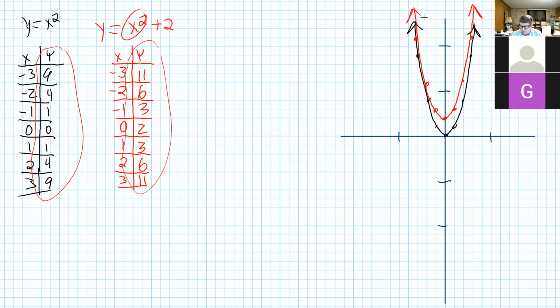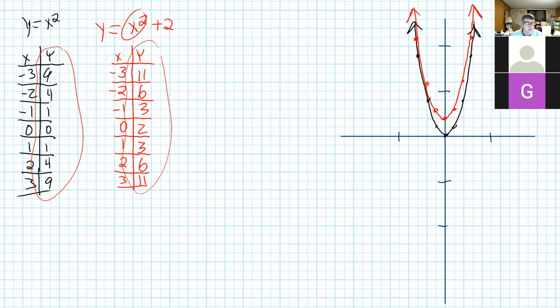If I could have just magically taken this black graph and just moved it up 2 units, I would have gotten the red graph. Everybody see that all right? Yes. Okay.